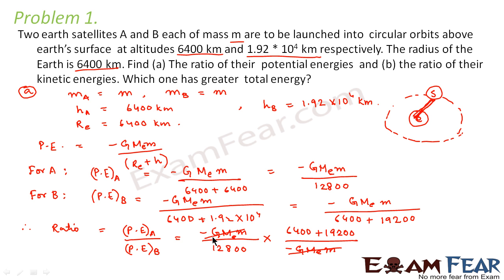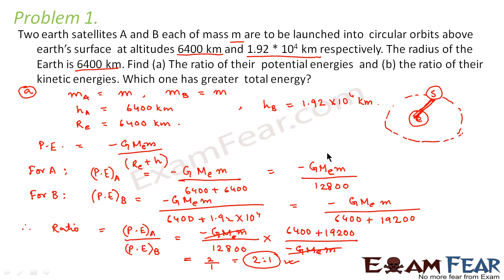So these two will get cancelled. So this value comes out to be 2 by 1, that is equal to 2:1. Therefore, the ratio of the potential energies is equal to 2:1.